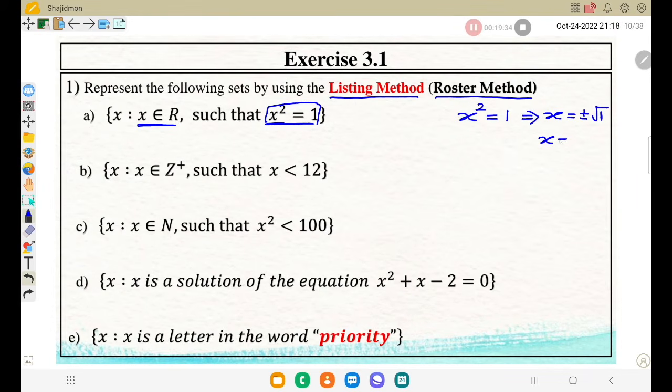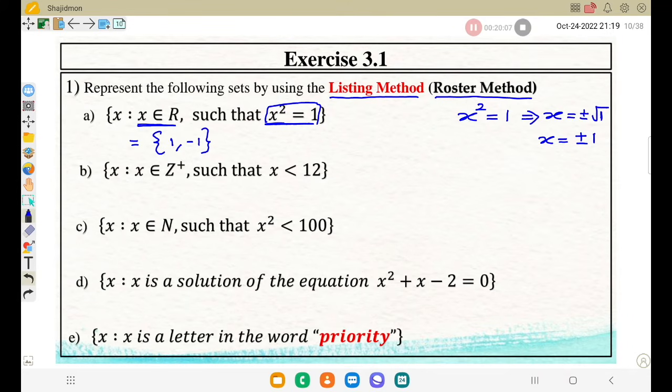So what are the numbers we are getting? Plus or minus root 1 means 1. So what is the answer? Two numbers, x equal to plus 1, x equal to minus 1, because plus 1 square is 1, minus 1 square is also 1. So the answer I am writing here equals set of 1 and minus 1. I hope you understood the question. Now we will go to the second question.